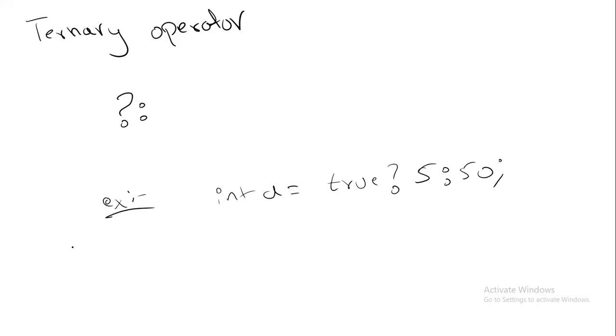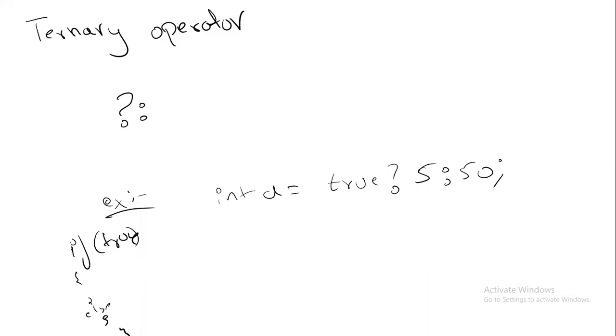In the if and else, tell me one thing: if the condition is true, will the first body execute or the second body execute? The first body is the if body, the second body is the else body. I'm telling you a trick so that you can remember.